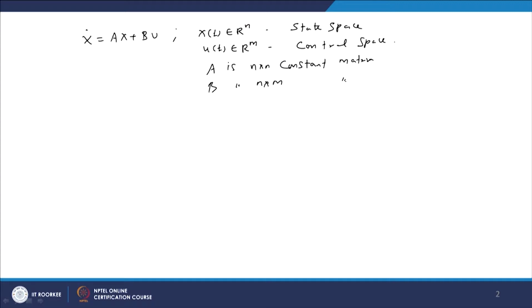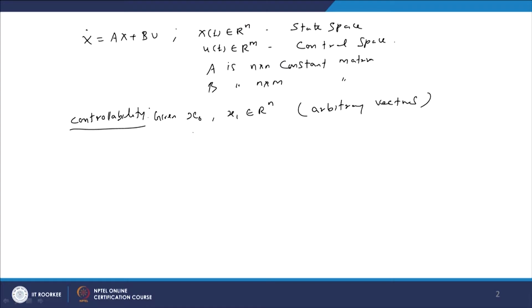So, for this system we have defined the controllability. Roughly it means that given any vectors x0 and x1, x0, x1 belonging to Rn, arbitrary vectors, and a constant time t, a real number t, which is the final time of the system.